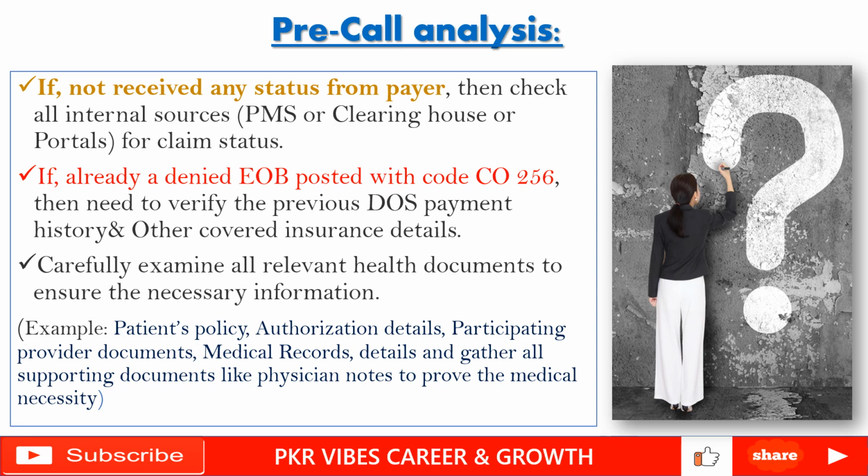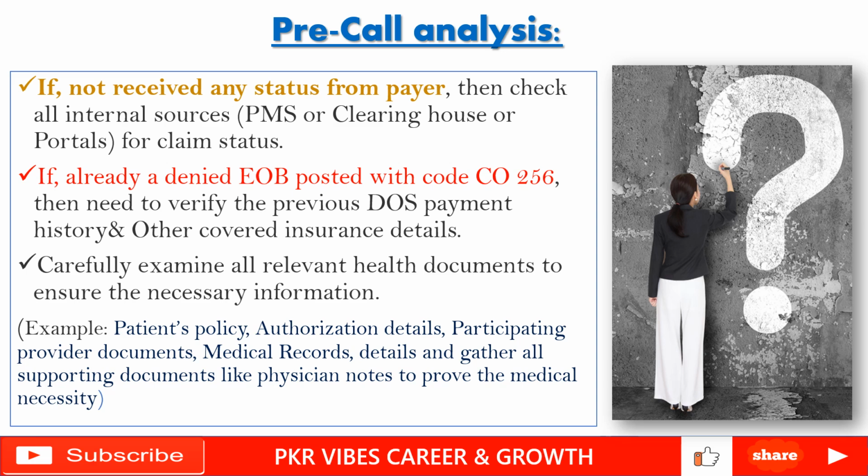You submitted electronic claims through a kind of entity or software, the clearinghouse, which is the intermediary between your doctor and the insurance. So you should check that clearinghouse for any EOB received or any status, whether the claim has entered the payer adjudication system or was already rejected by your clearinghouse.